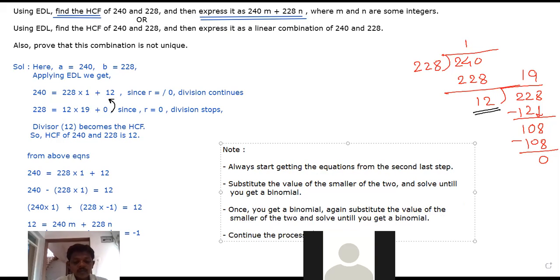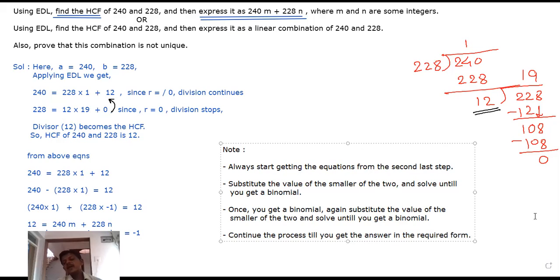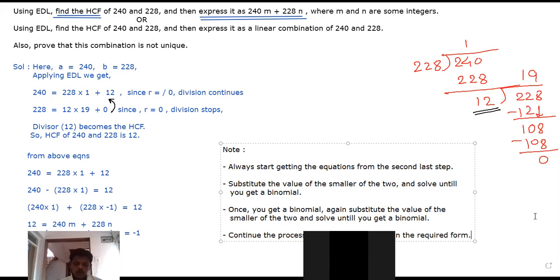Continue the process till you get the answer in the required form. This is an important note, very important. Complete the note first.